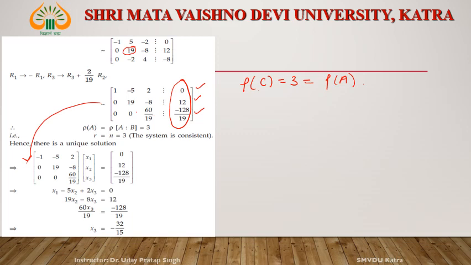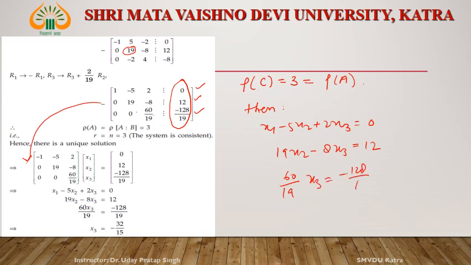Then x1 minus 5x2 plus 2x3 is equal to 0, and 19x2 minus 8x3 is equal to 12, and 60 by 19 x3 is equal to minus 128 by 19.